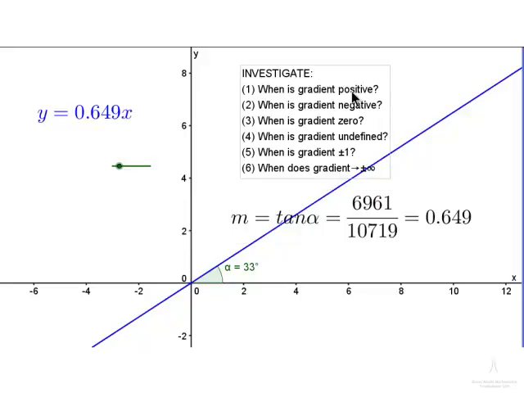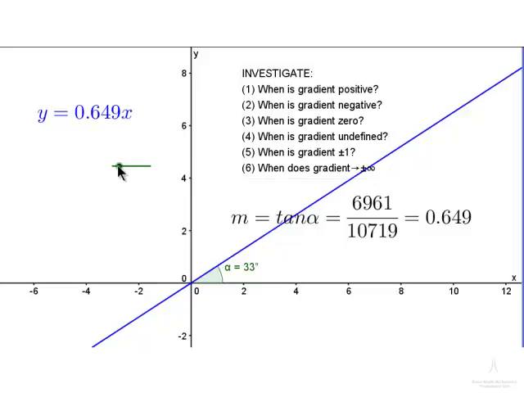When is the gradient positive? At the moment you can see it's positive and this angle is acute. When is it negative? When is it 0? When is it undefined? When is the gradient either plus or minus 1? And when is the gradient plus or minus infinity, which really means it is undefined.